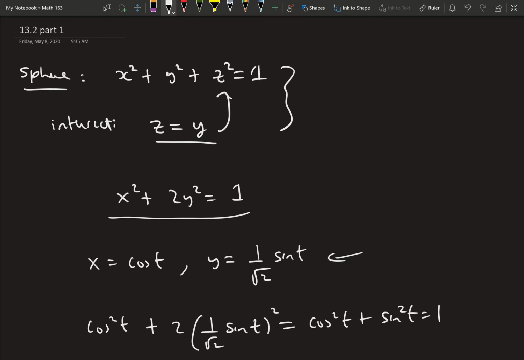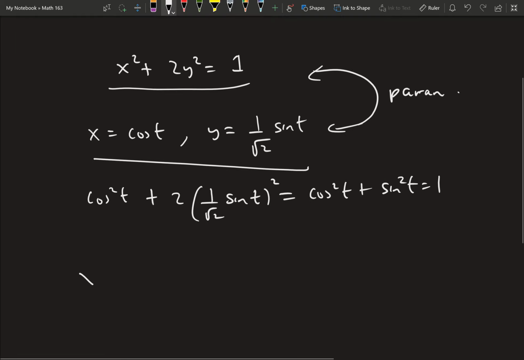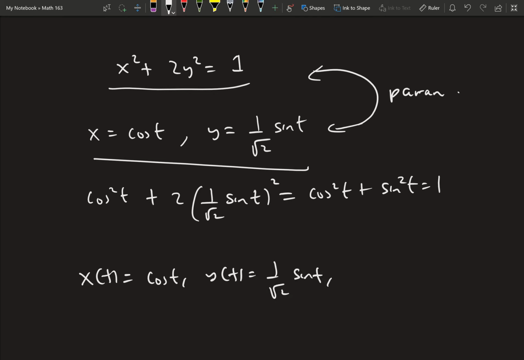So this actually can parameterize this intersection. Now since z equals y, we have x of t being cosine of t, y of t being 1 over root 2 sine of t, and z is also 1 over root 2 sine of t.